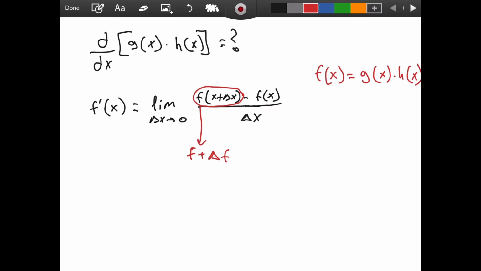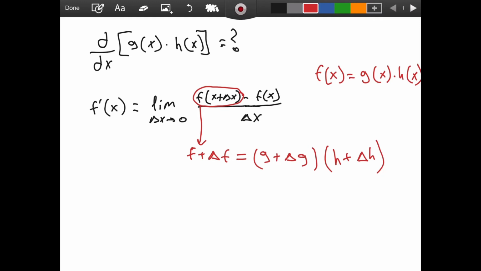So for our case, f plus delta f will be g plus delta g times h plus delta h.